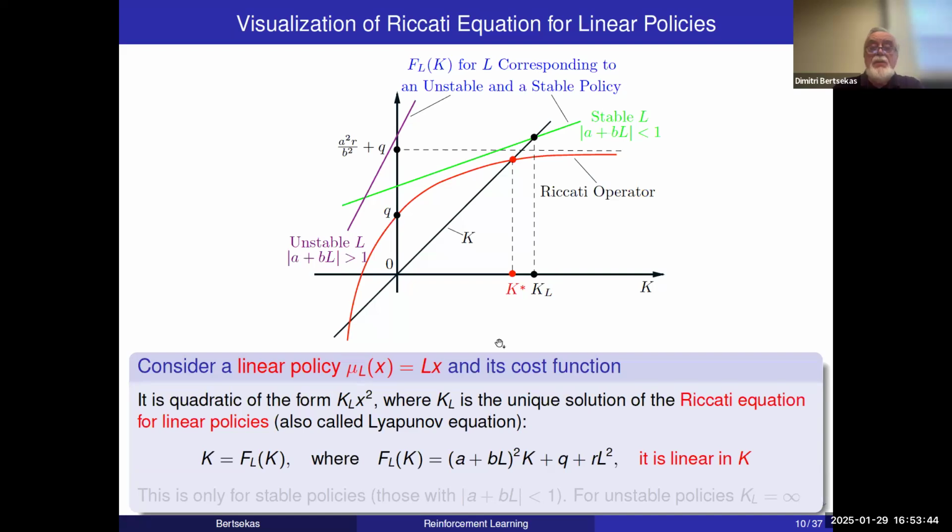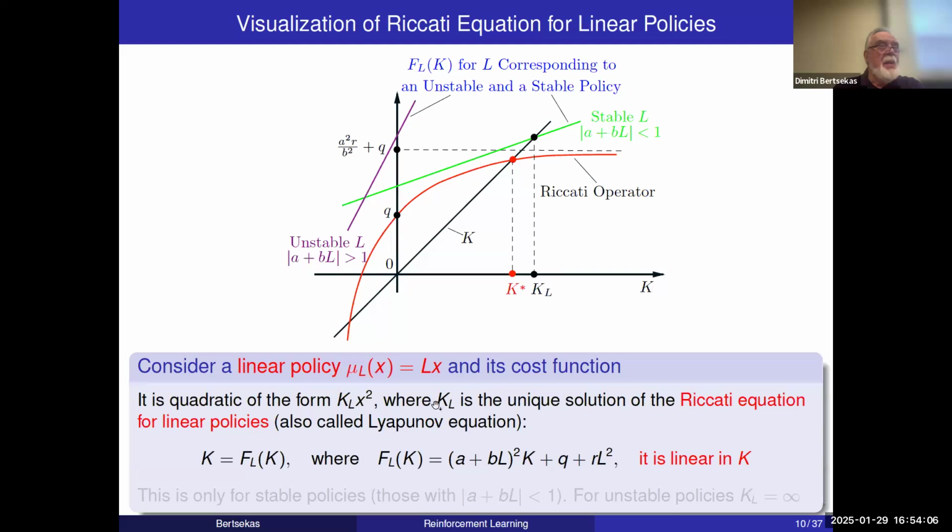Riccati equation corresponding to all policies. The cost of this linear policy is K_L x squared. It is quadratic, with K_L being a scalar. That is the unique solution of the Riccati equation for linear policies.